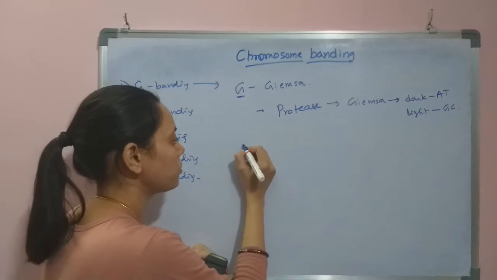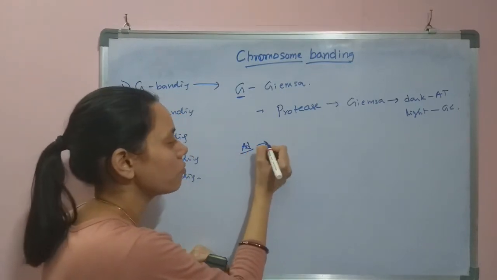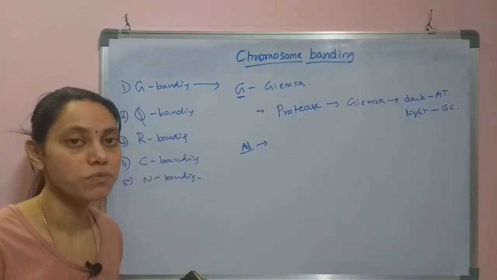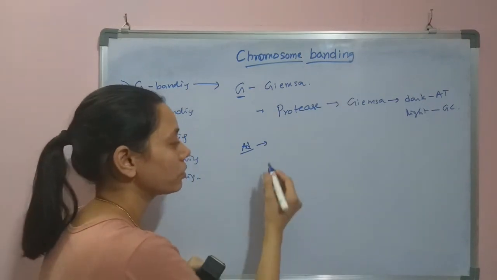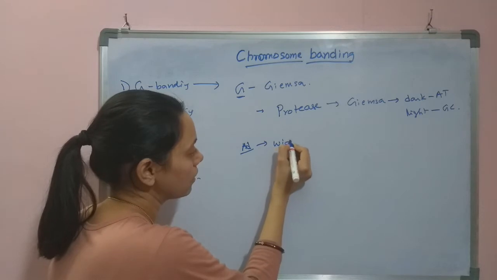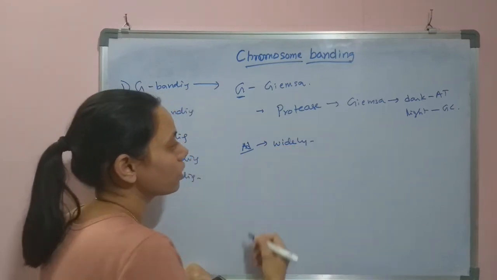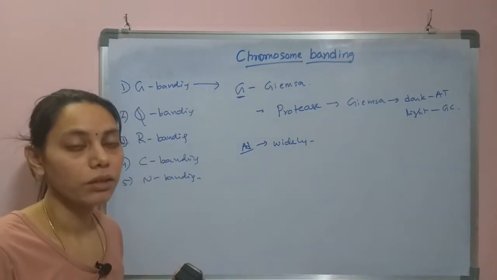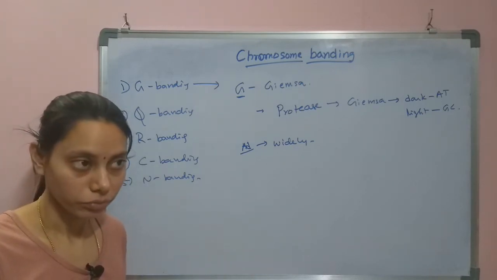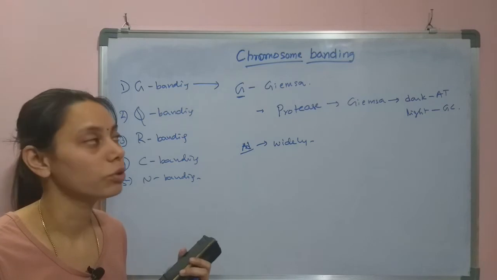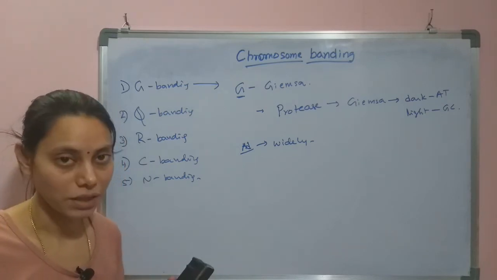Coming to the advantages of this method, Giemsa staining is widely used and is a very popular method. Since the dye is chemical, we need not go for expensive fluorescent microscopic techniques to visualize this banding pattern.